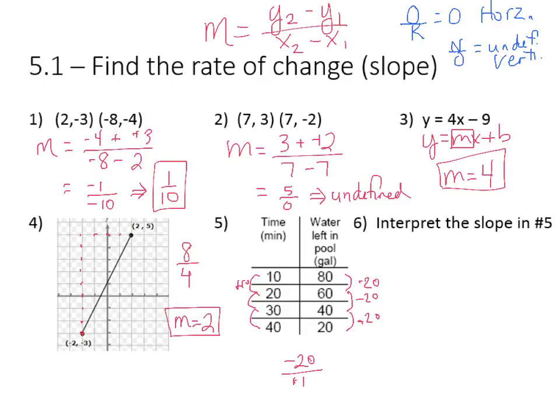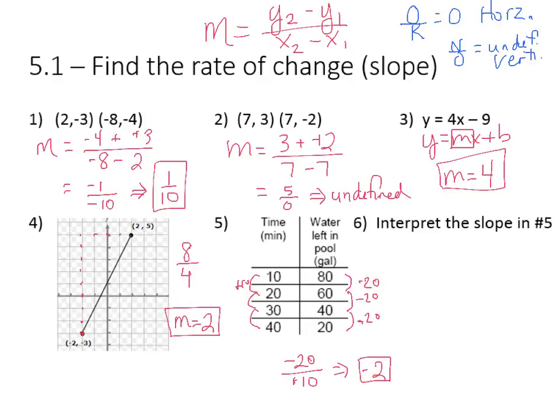So that would be a positive 10. That means your slope would reduce to a negative 2. Recall that this rate of change here has to stay the same, and this has to stay the same for this to be a linear situation. I would probably give you something that's linear if I'm going to ask you to find the slope.